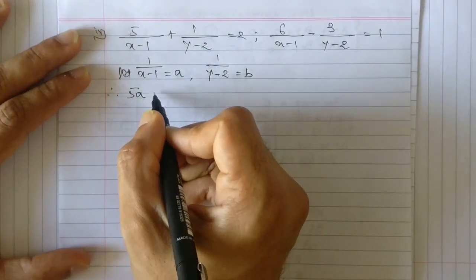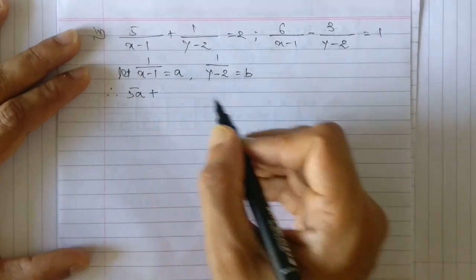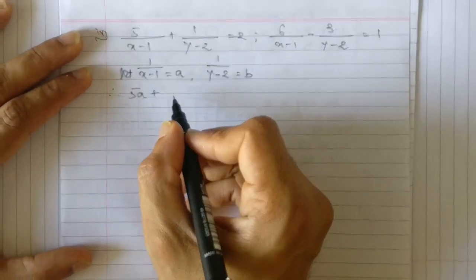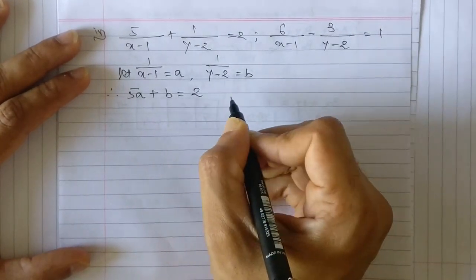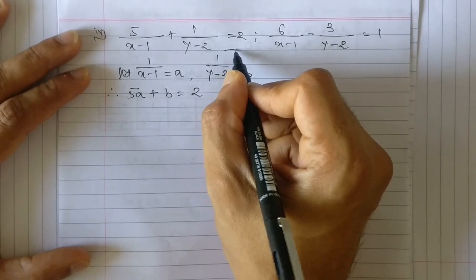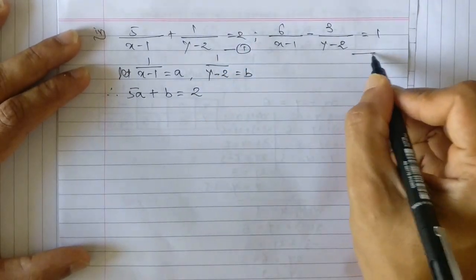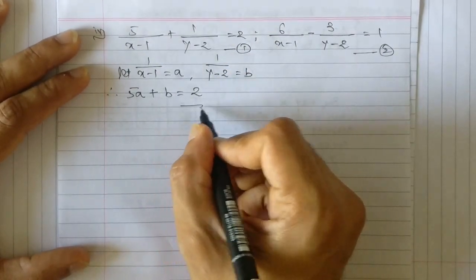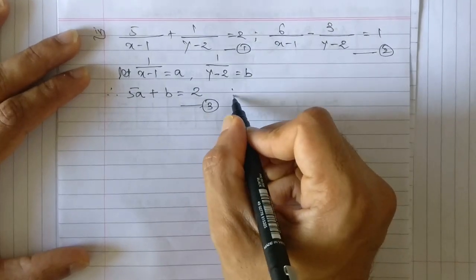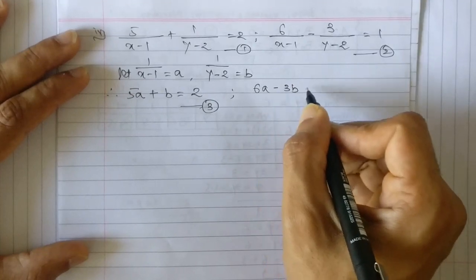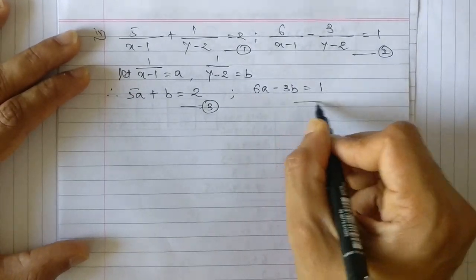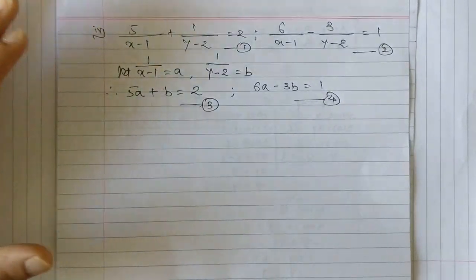So 5a + b is equal to 2. This is your equation number 1, okay, and this is equation number 2. So this will be equation number 3, and we have got one more equation: 6a minus 3b is equal to 1. Equation number 4.